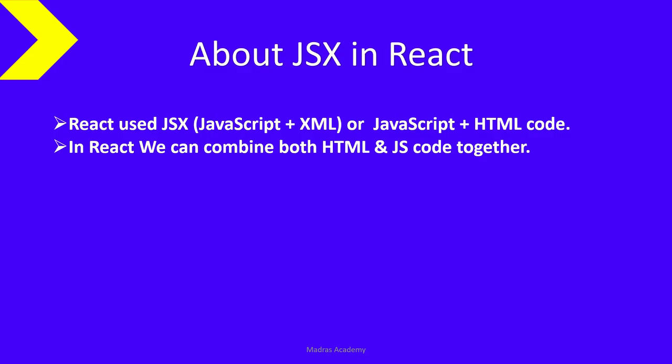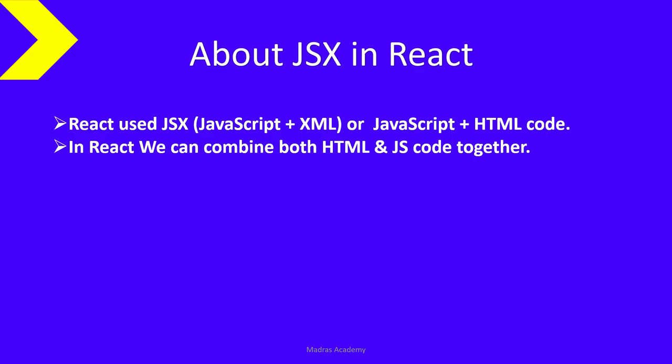So we can combine both HTML and JavaScript together in React. That concept is called JSX. And this is a new language similar to Java, PHP, Python, like that. We are writing the business logic method using JSX.